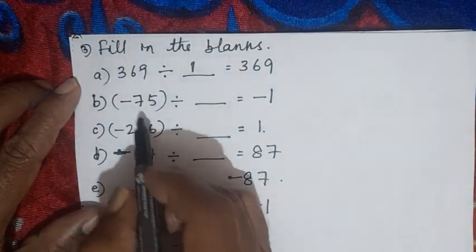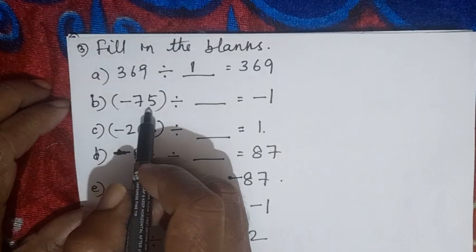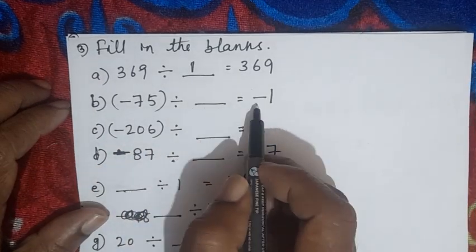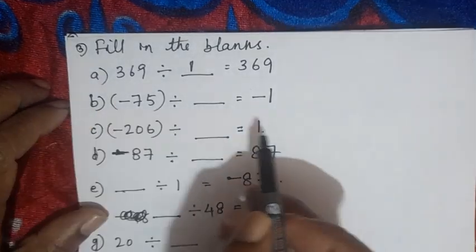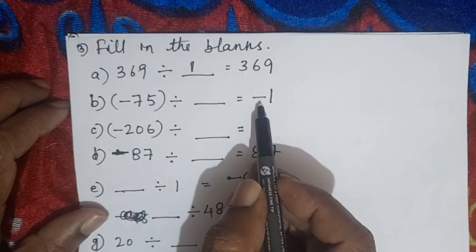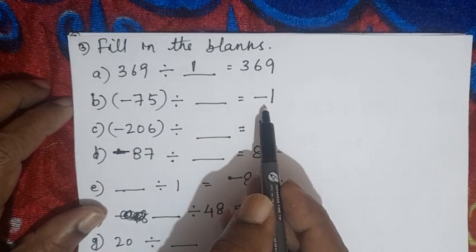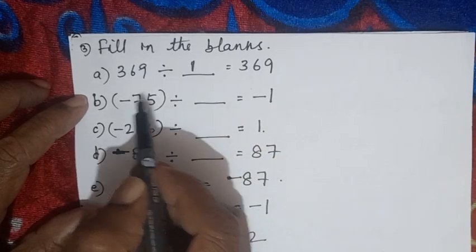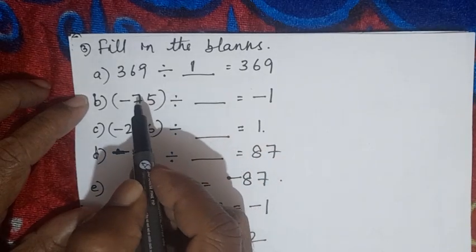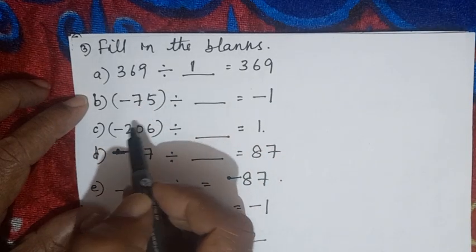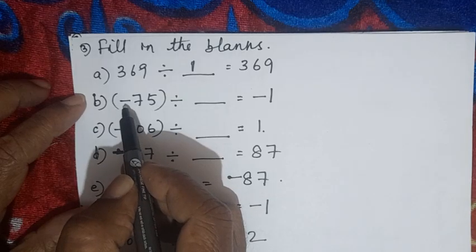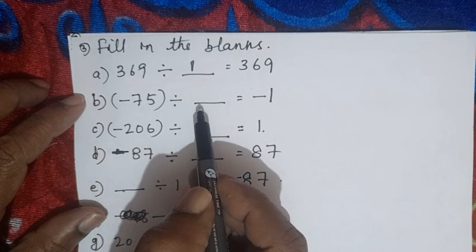Now the second one is minus 75 divided by dash is equal to minus 1. So the answer is a negative integer. If the answer is a negative integer, then one of the integers should be negative. So they already have one negative integer, so no need to worry about this.